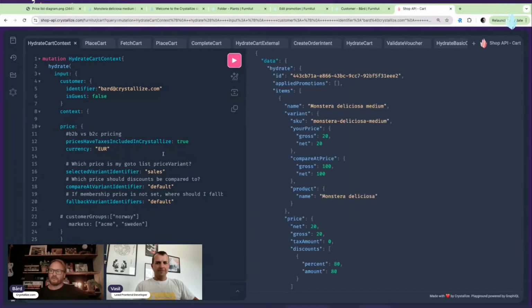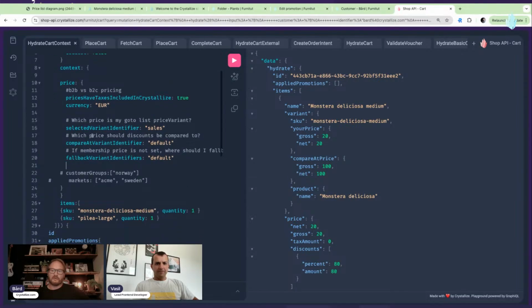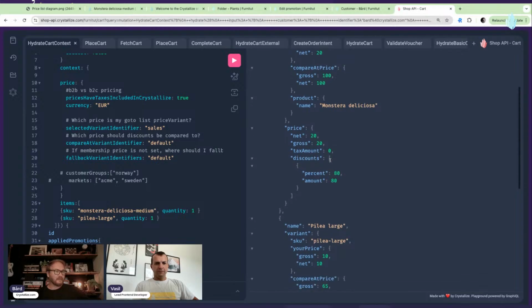I'm not going to go too much into that here, but basically, if you provide your customer identifier and you set the context correctly, meaning that you define the selected variant, the compare at, and the fallback, then you will get out the pricing as we did in the UI here.